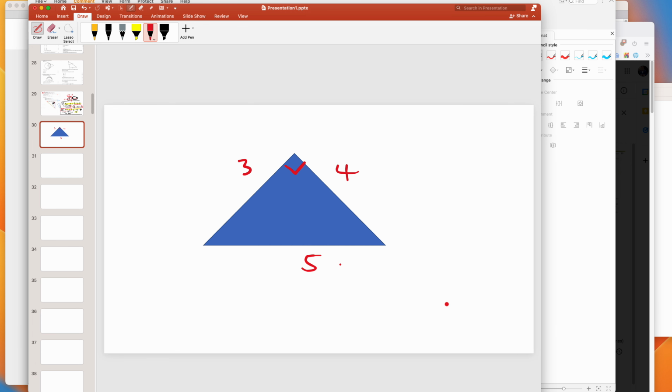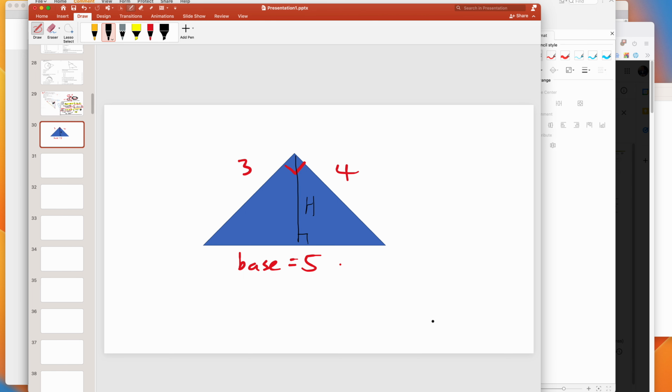It depends which base you look at. So if you look at this as the base, which one is the height? The 5 is the base, in the middle. Yes. And this height is the shortest distance. Why? Because it's 90 degrees.